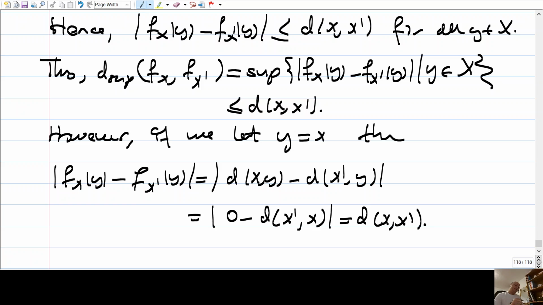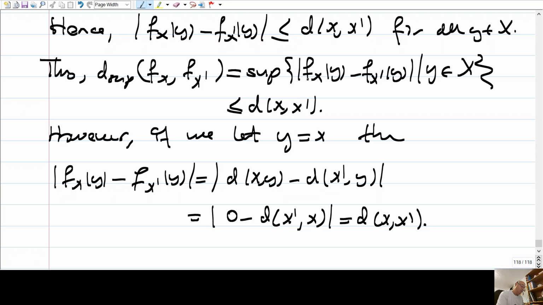So what I see is that this supremum is less than this number. However, one of the real numbers in the set over which we take the supremum contains this number, so this expression is equal to this if y is equal to x. So this set already includes this.